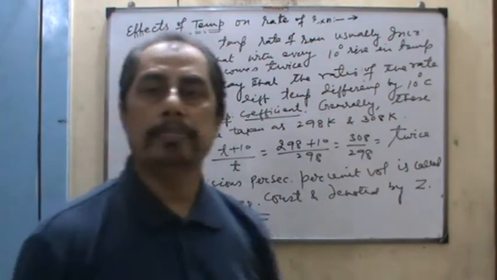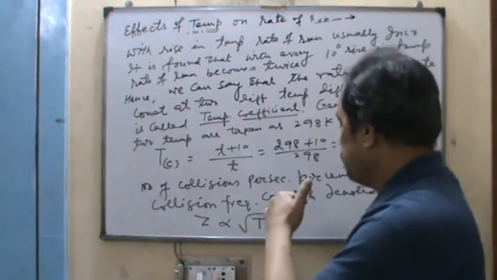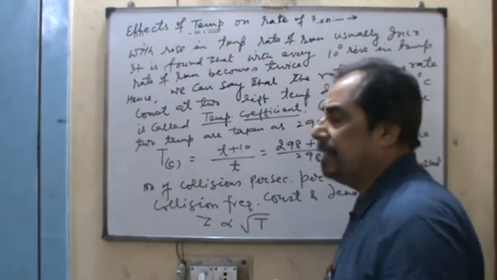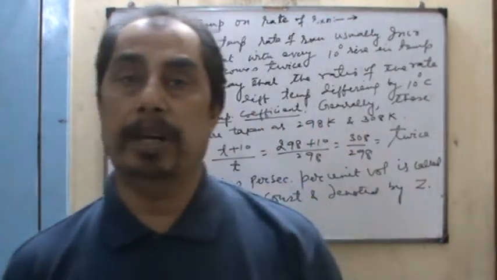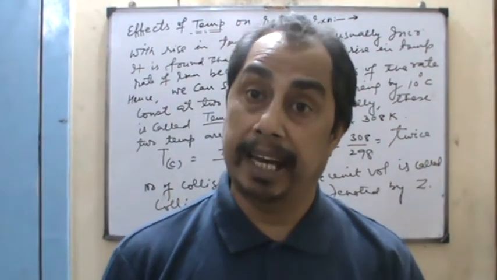Dear students, here Z is the collision frequency constant, and it is observed that number of collisions per second in between two reactants is found to be 10 to the power minus 15 per second.